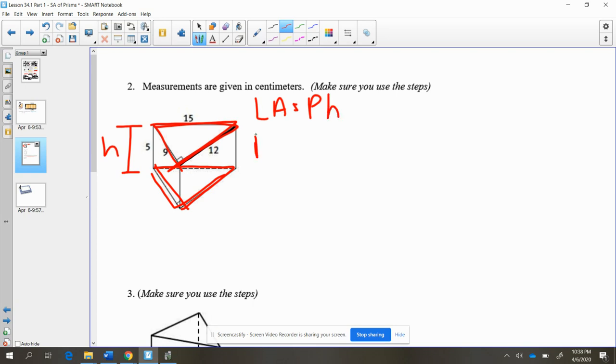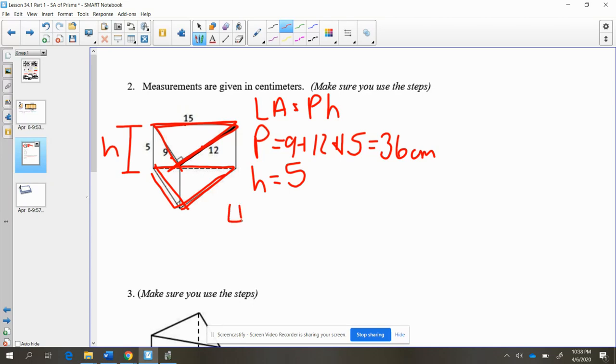Notice our triangle is not equilateral. It has side lengths of 15, 9, and 12. So we add together those 3 sides to get our total perimeter, which is going to be 36 centimeters. And again, the height here is 5, the distance between those two bases.